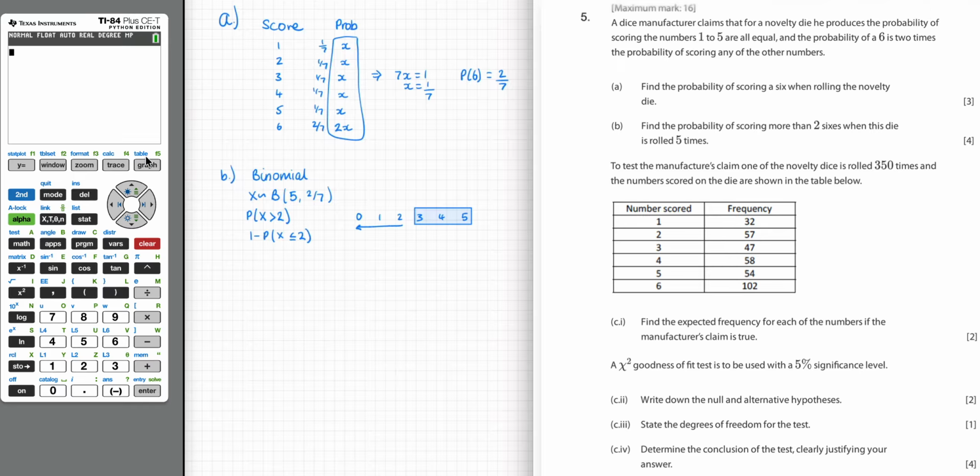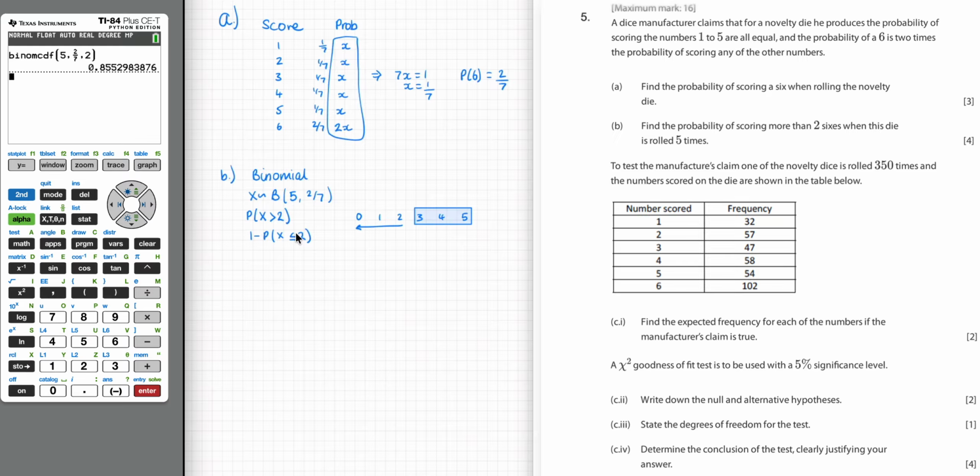Okay, so I'm now going to go to my calculator, and it's distributions. I'm interested in the binomial distribution, and it's CDF. It's 5 different trials, and it's 2/7 as my probability of success. So I can do that as 2 over 7, and I am interested in x is less than or equal to 2, as I've just written here.